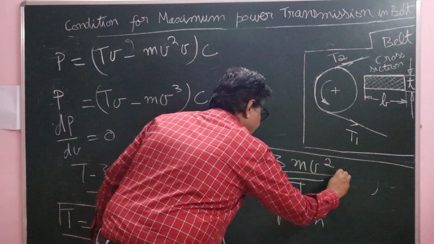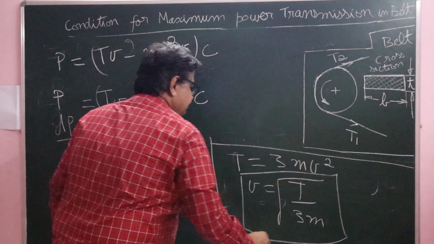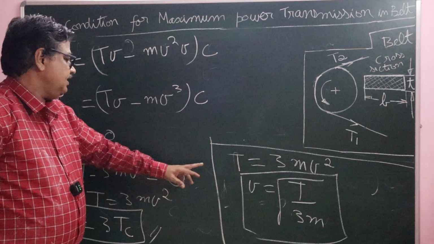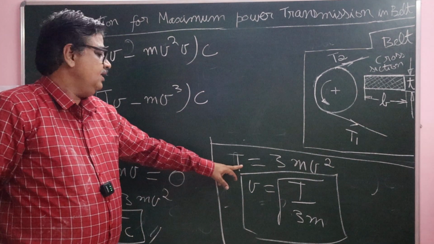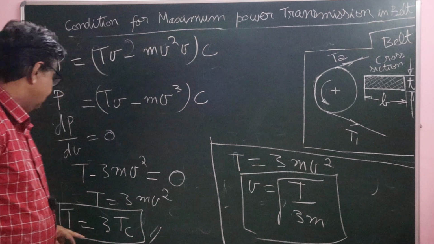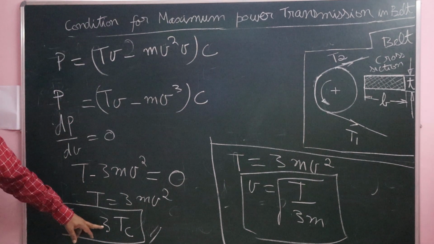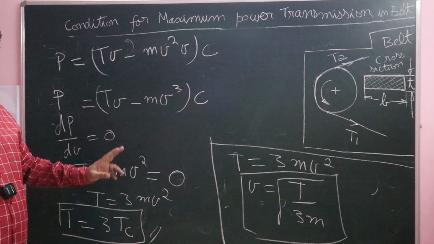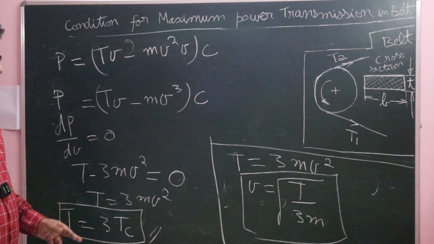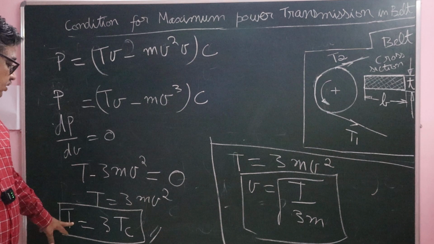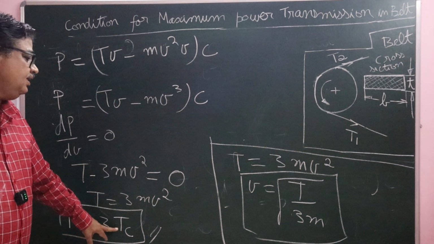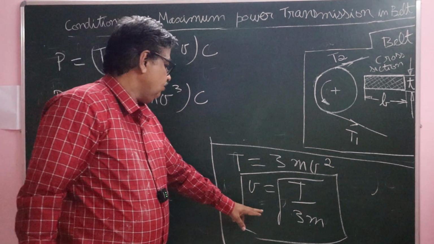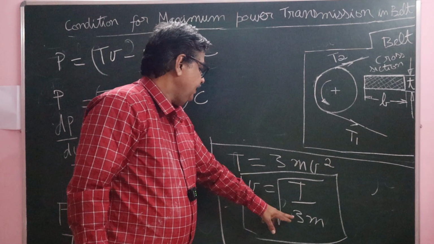So this is the velocity for maximum power transmission. The condition for maximum power transmission is that maximum tension is equal to 3 times the centrifugal tension. Velocity is equal to square root of T by 3m.